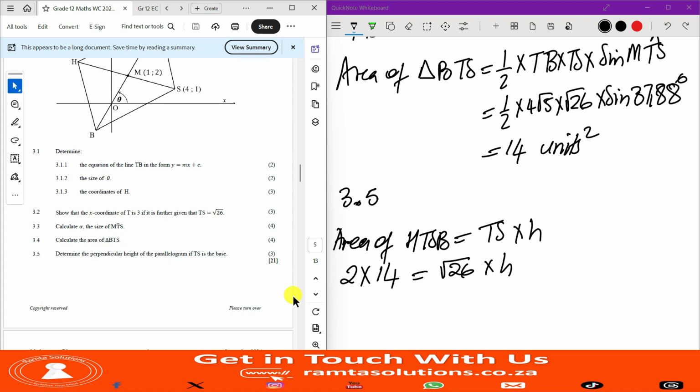So let's see. We will say we have 28 over square root 26. Therefore, the height is 5.49 units. Okay, 5.49 units.